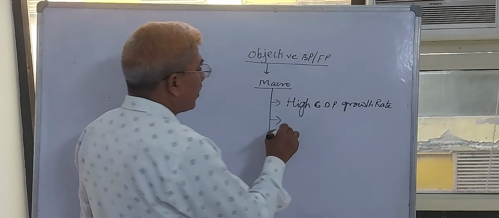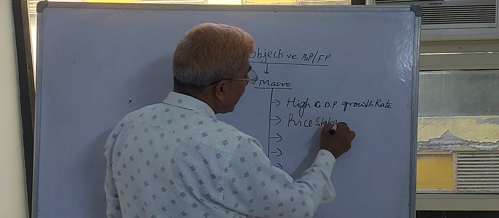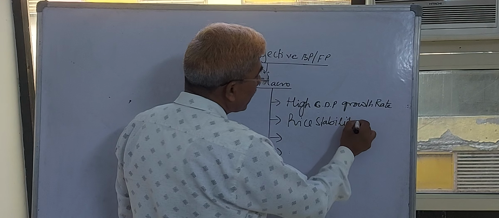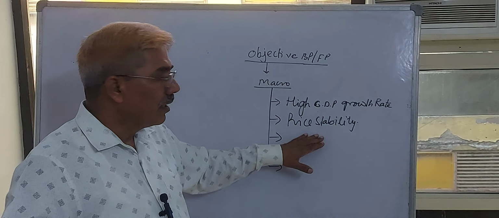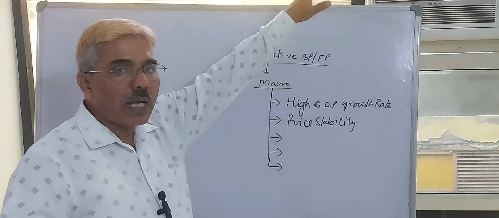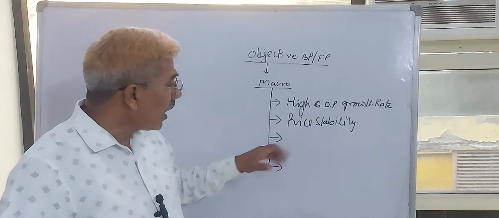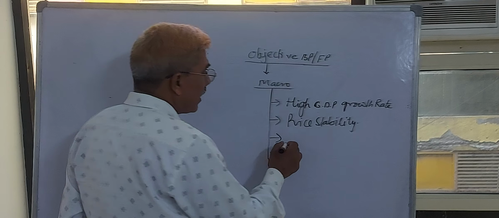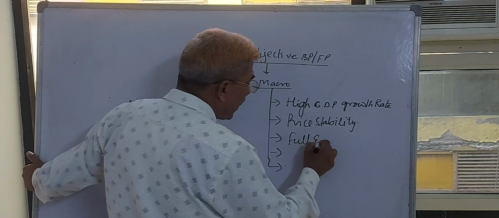The second main objective is price stability. Price stability means the price of a product should be stable; there should not be price fluctuation. The third main objective is full employment.